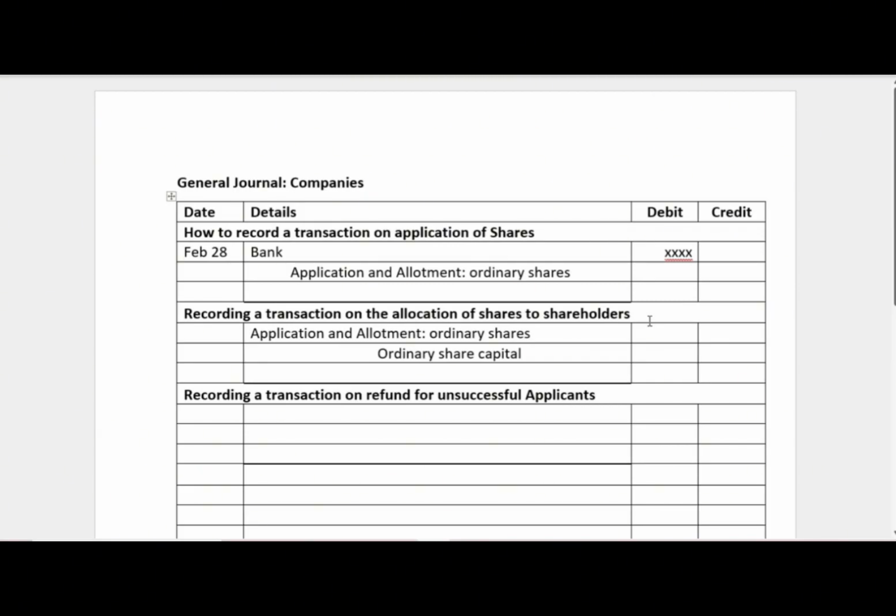And then if the applicants have applied for more than what you can allocate to them, then you have to refund the difference. So how do we refund the difference? When we refund the difference, we are going to debit application and allotment for ordinary shares.